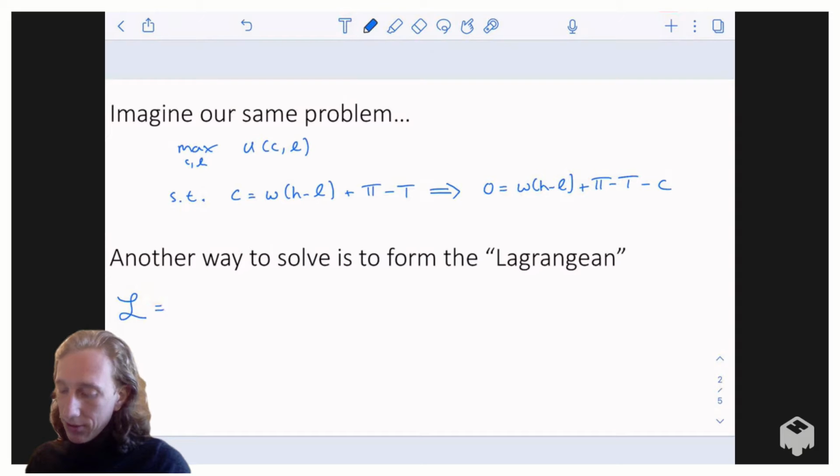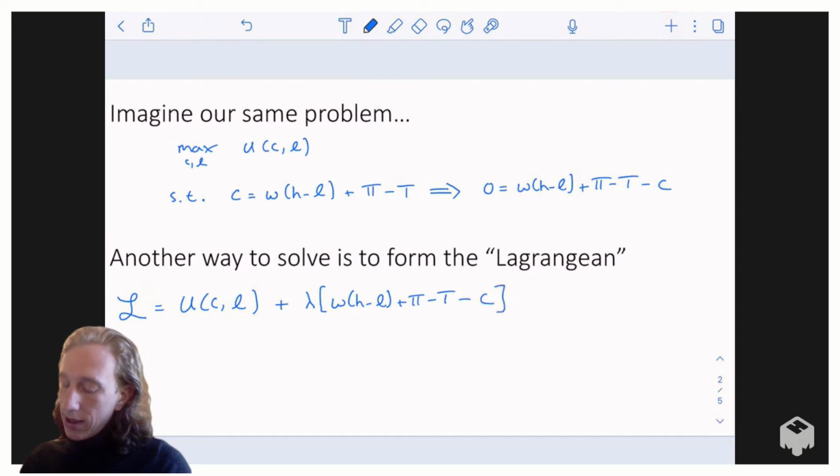It's going to be equal to the function we want to maximize, so in our case, the utility function, plus lambda, which we call the Lagrange multiplier, multiplied by the constraint written in the way where, in this case, consumption was on the right-hand side. Okay, so when I say multiplied by the constraint, I mean multiplied by just this right-hand side when we set the constraint equal to 0.